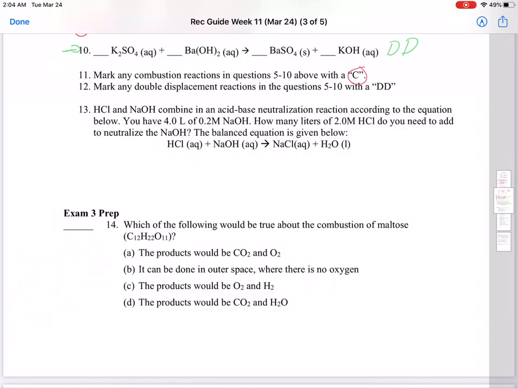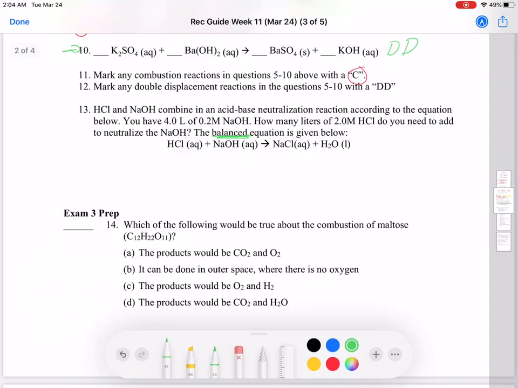In this reaction, they are telling me that I have 4 liters of 0.2 molar sodium hydroxide, and they are asking me how many liters of 2 molar hydrochloric acid I need to add to neutralize that sodium hydroxide. And they are showing me the balanced reaction, and keep this in mind, they are telling me that it is balanced already, which is this over here.